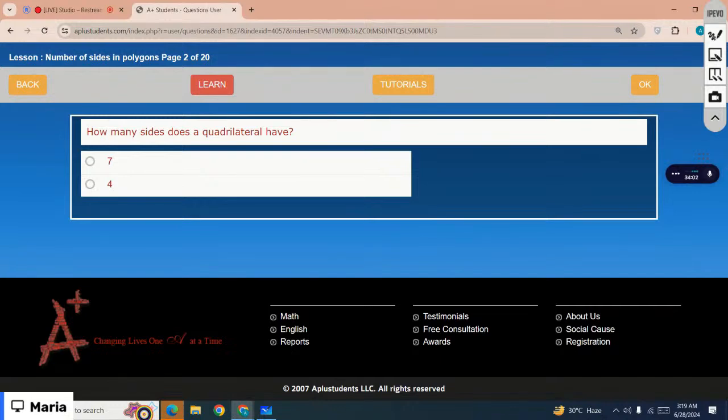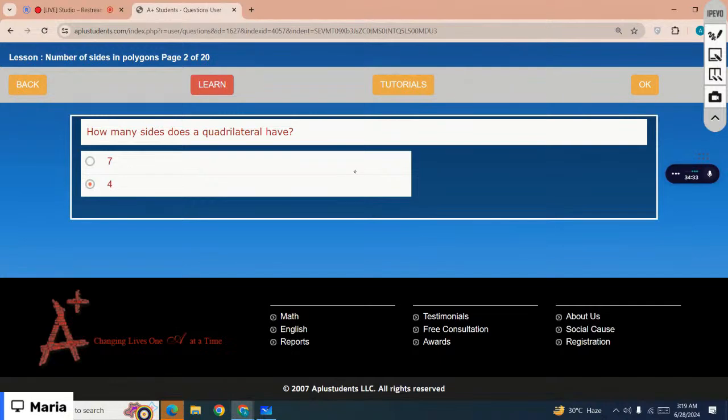How many sides does a quadrilateral have? A quadrilateral has four sides.